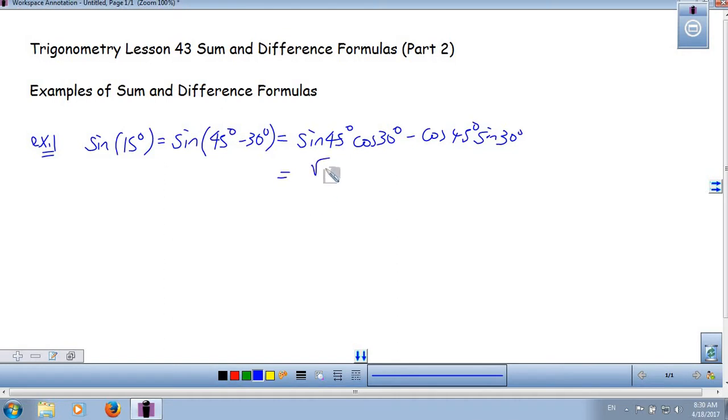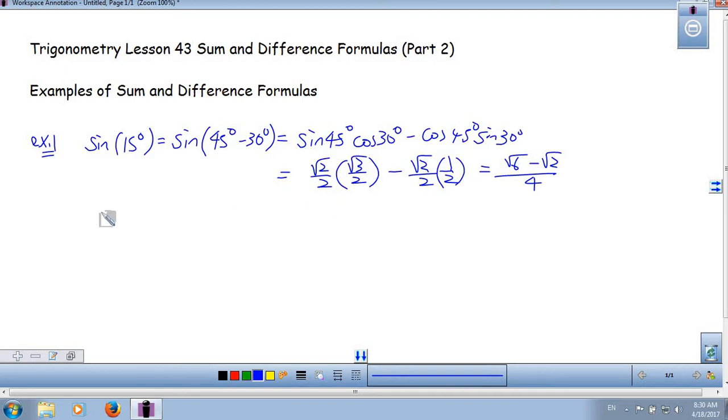Sine 45 is square root 2 over 2. Cosine 30 is square root 3 over 2. Cosine 45 is square root 2 over 2, and sine 30 is 1/2. So this expression comes out to be square root 6 minus square root 2 divided by 4. This is one of the exact expressions for sine of 15 degrees.